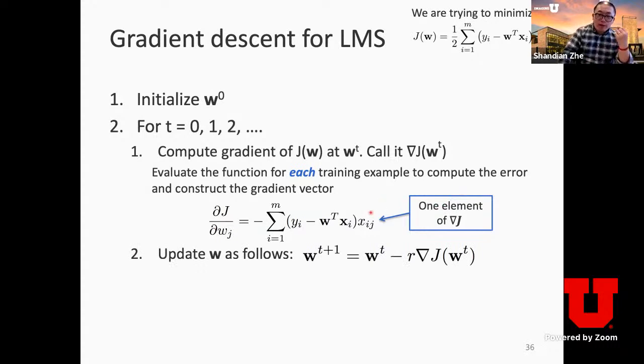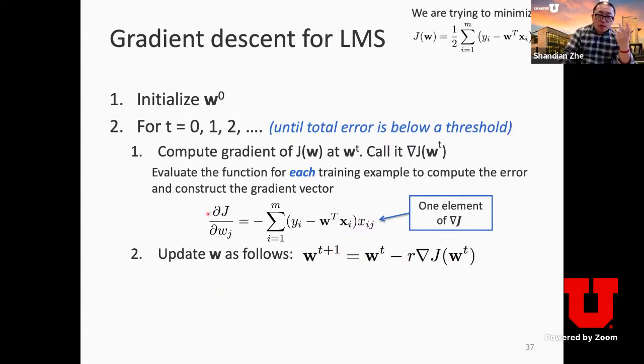After we get the gradient, we update the weight vector in the opposite direction to the gradient, multiplied with a small learning rate r, or step size.